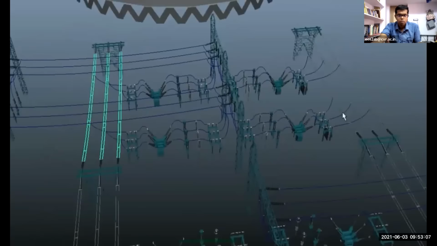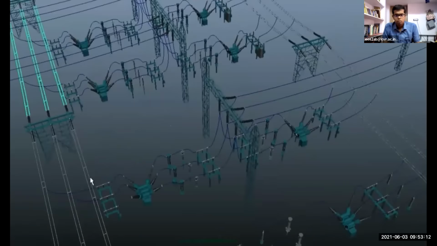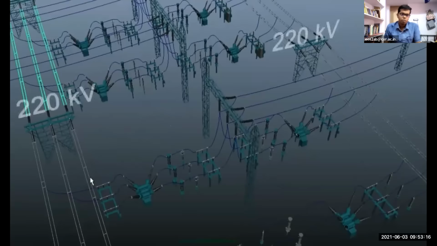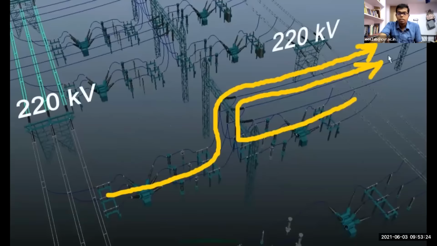Let's consider here the generation of power is happening at 11 kilovolt and we are stepping it up to 220 kilovolt for further transmission. So the bus is having 220 kilovolt. This is exactly at your generating station. Okay, so generation is at 11 kilovolt, and this is 220 kilovolt, but mostly they are stepping up to 400 kilovolt.